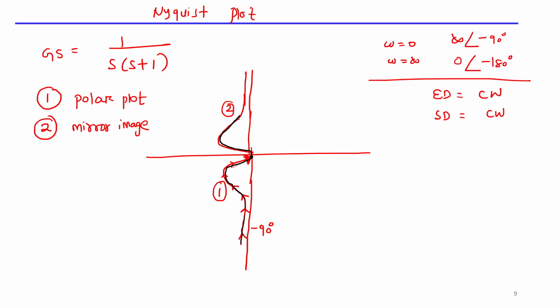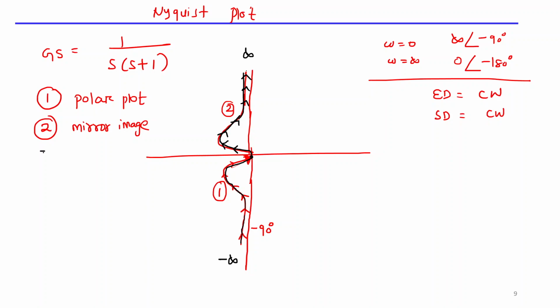Same direction. Don't change the direction. Okay, sir. Clear. Now you're reaching this point, right, sir? At some positive infinity you reach, right? It's positive infinity, yes. This is negative infinity. Now this is the mirror image of the polar plot.